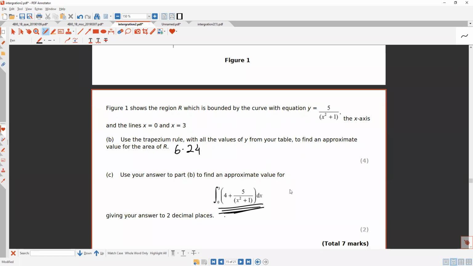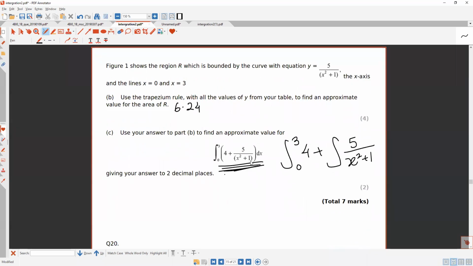If I open this bracket, will I get integration of 0 to 3 of 4, plus integration of 5 divided by x squared plus 1? Can I divide it like that? Understood, everyone? Yes.